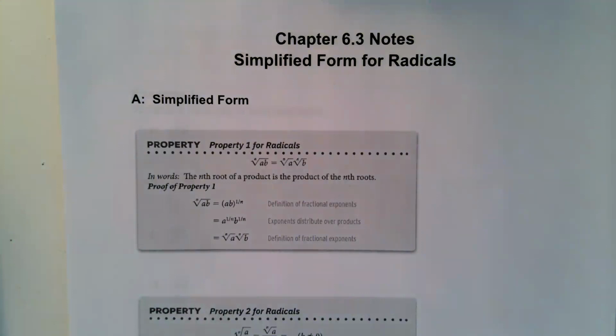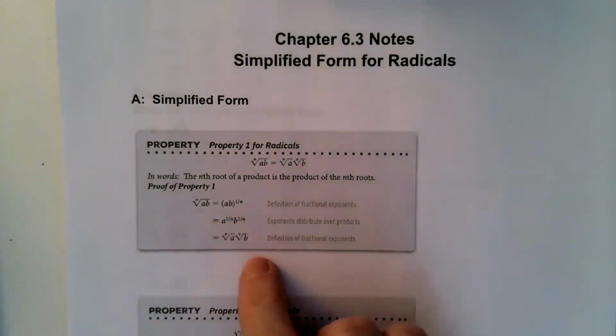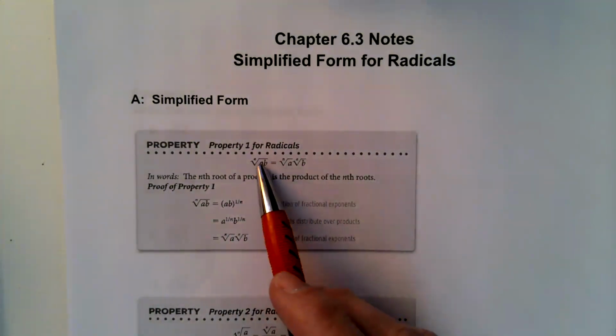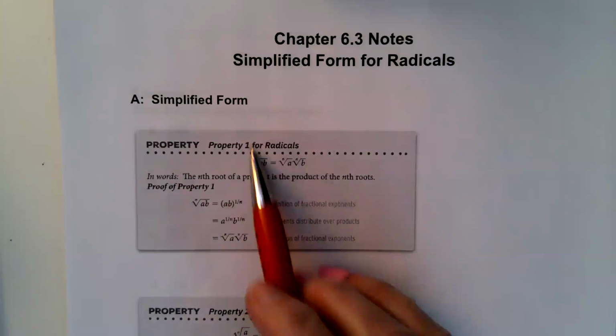We are now going to simplify radicals, and we've kind of been doing it already with the rational exponents, but now we're going to simplify them in radical form. There are some properties. One is that we can break apart a radical as long as we keep the same index.